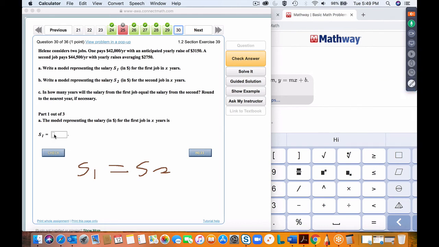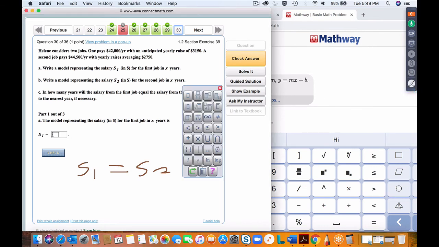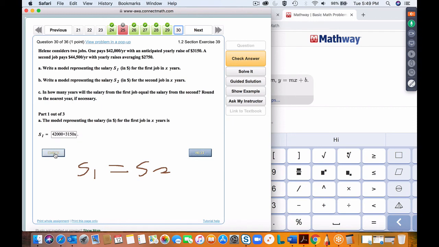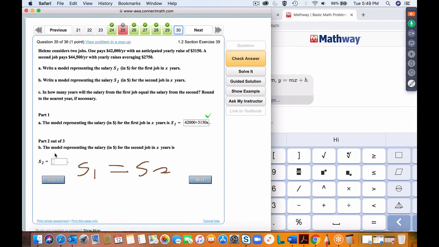But right now, writing it will be easy too. If you notice, I can write 42,000 plus 3,150x. That's it. That's the first sentence. The second sentence is 2, so we do the same for the second one.